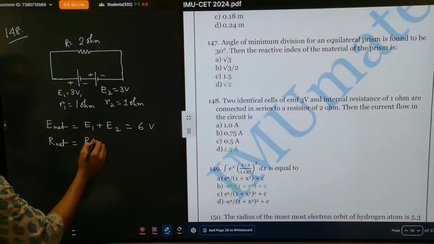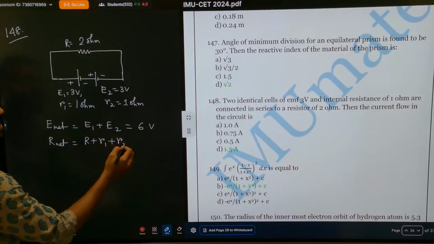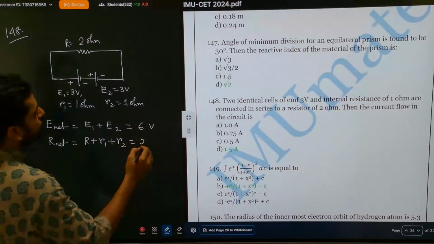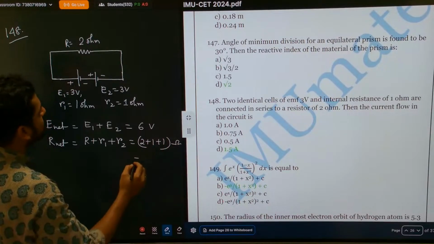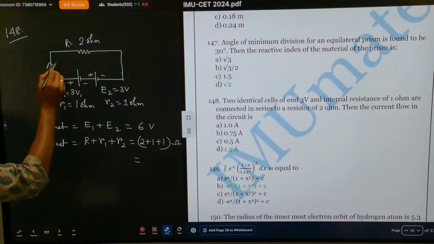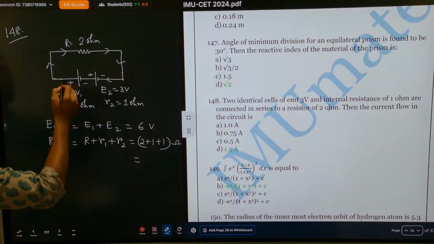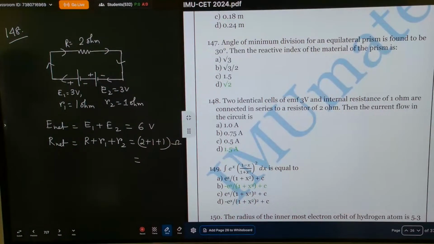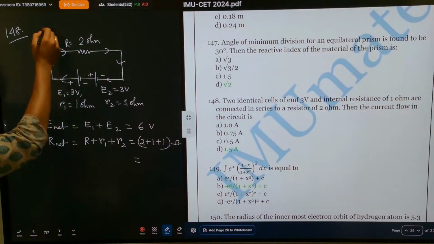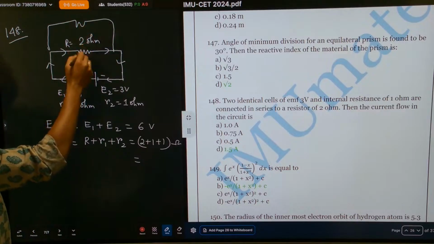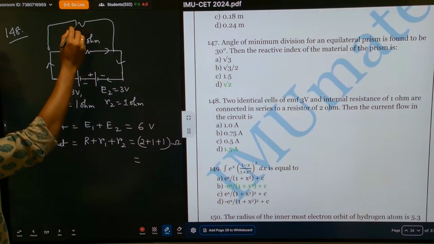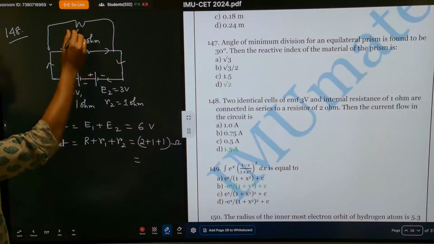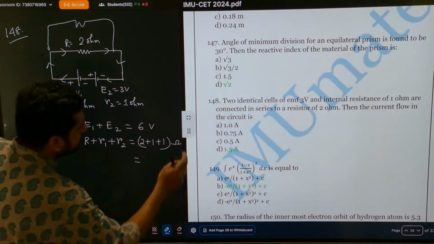So R plus R1 plus R2. You get 2 plus 1 plus 1. No, not parallel. Same current will flow. Look, no branching. If there were another branch, these two would be in parallel, and then this would be in parallel with these two. Okay.